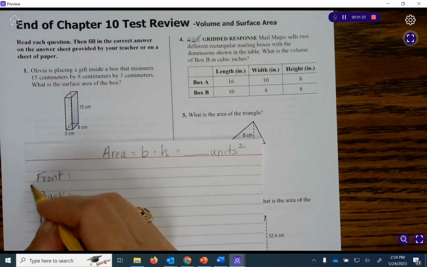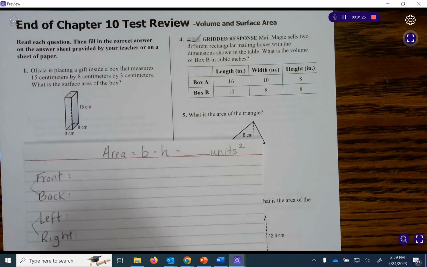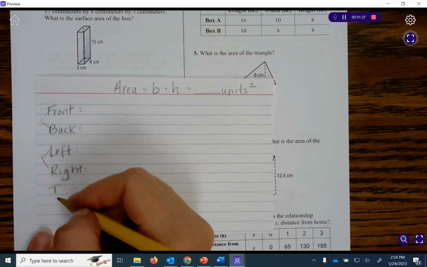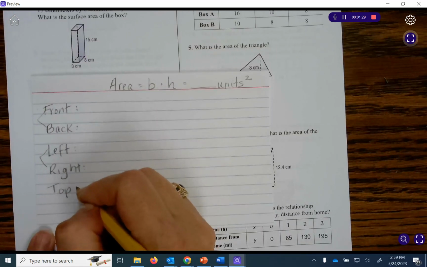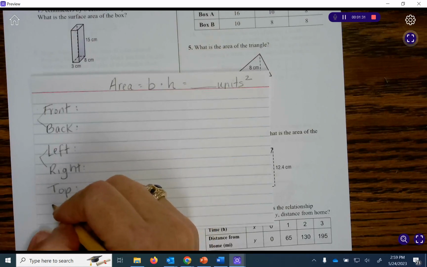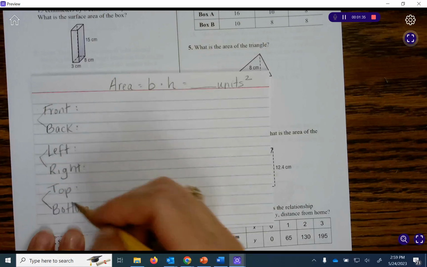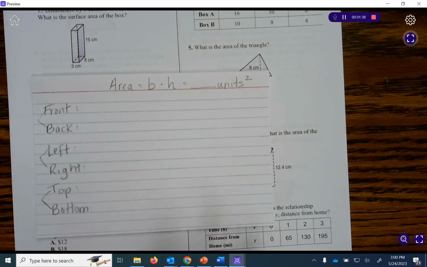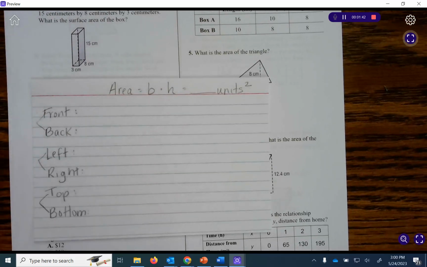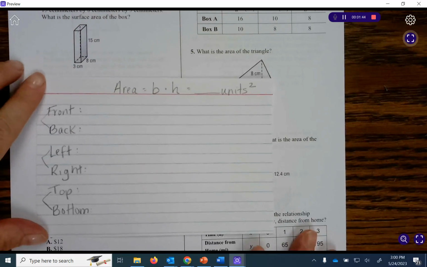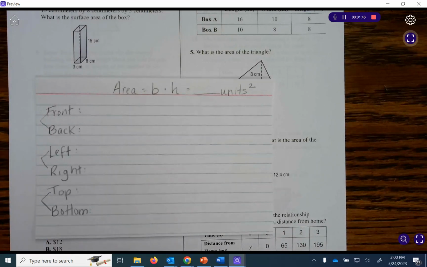And they are congruent. And then we have a top, and we have a bottom, and they are congruent. So when we find area for one, we can use that for the other one. We don't have to compute it. We can just write it twice.